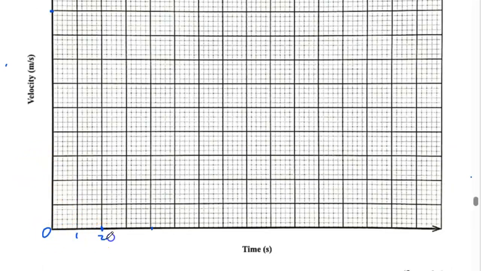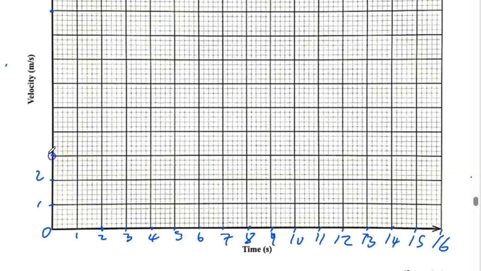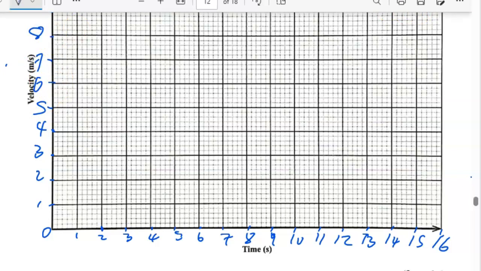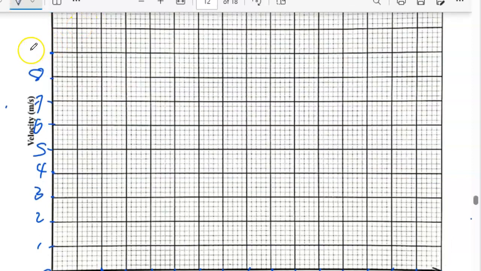So let me just label this: 1, 2, 3, 4, 5, 6, 7, 8, 9, 10, 11, 12, 13, 14, 15, 16, velocity 1, 2, 3, 4, 5. Let's do our sketch now.